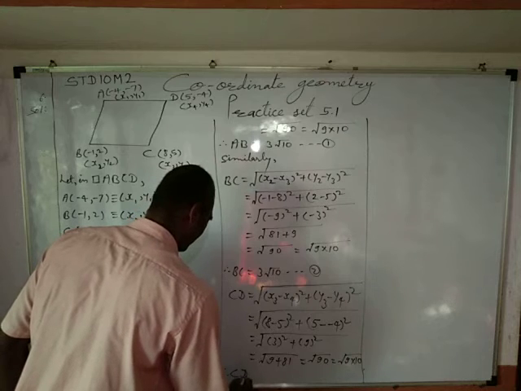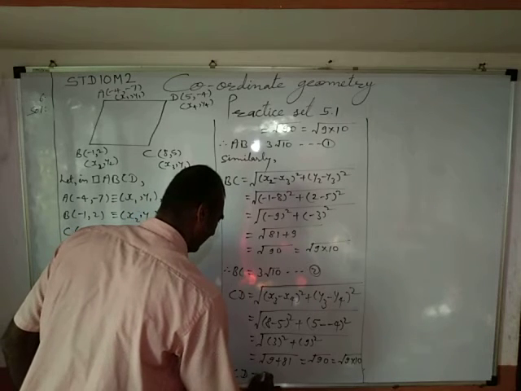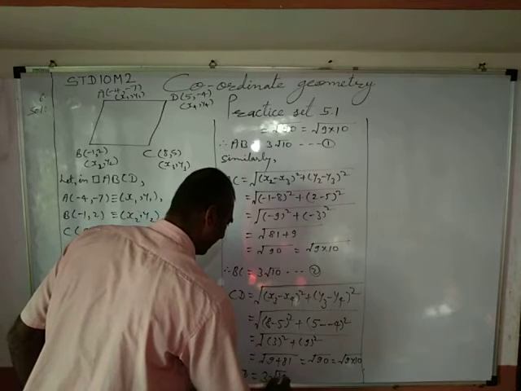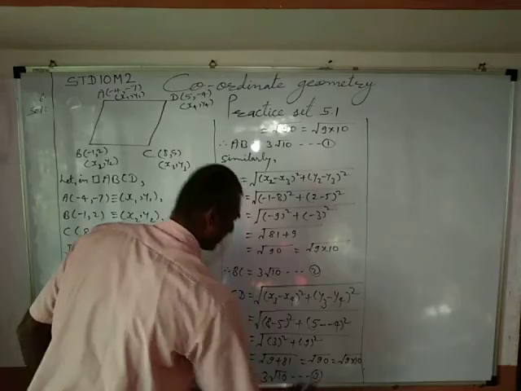Therefore CD equals 3 root 10. Equation third.